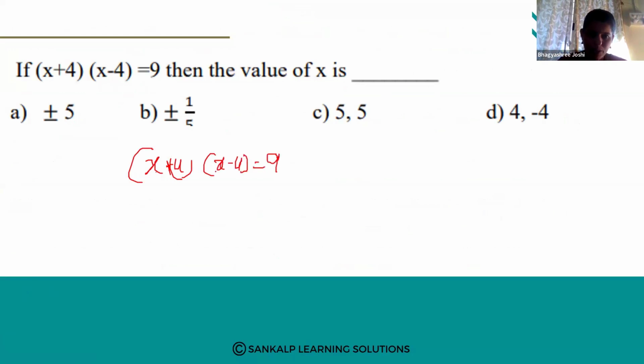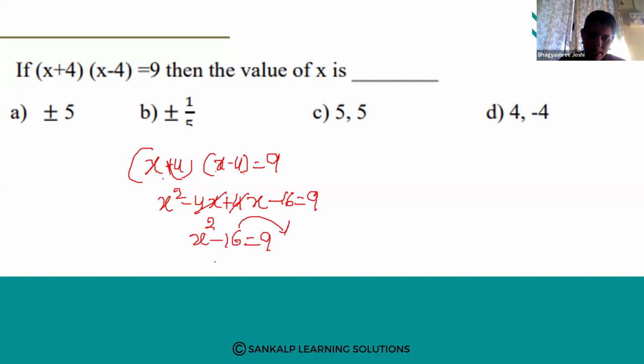So x into x is x square. X into 4, that is minus 4x, plus 4 into x, that is 4x, plus 4 into minus 4 is minus 16, is equal to 9. So plus 4x minus 4x cancel. X square minus 16 is equal to 9 you will get.